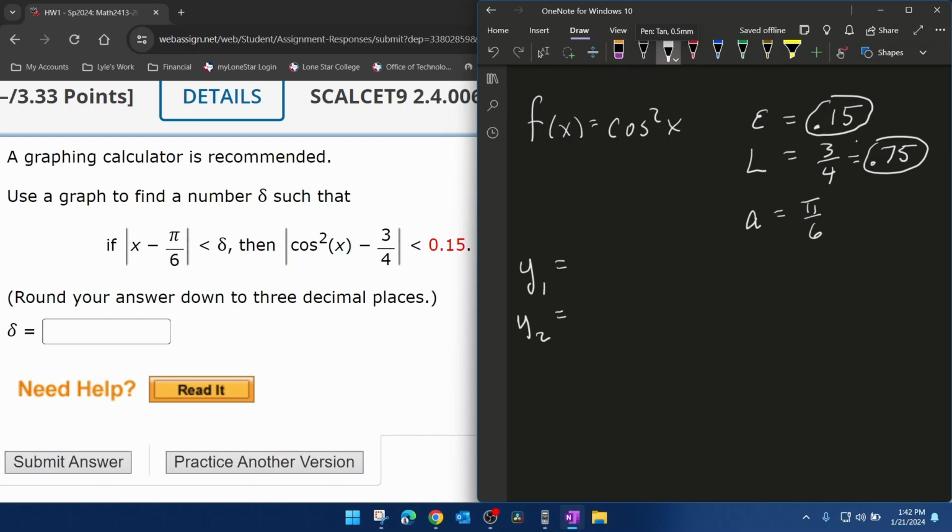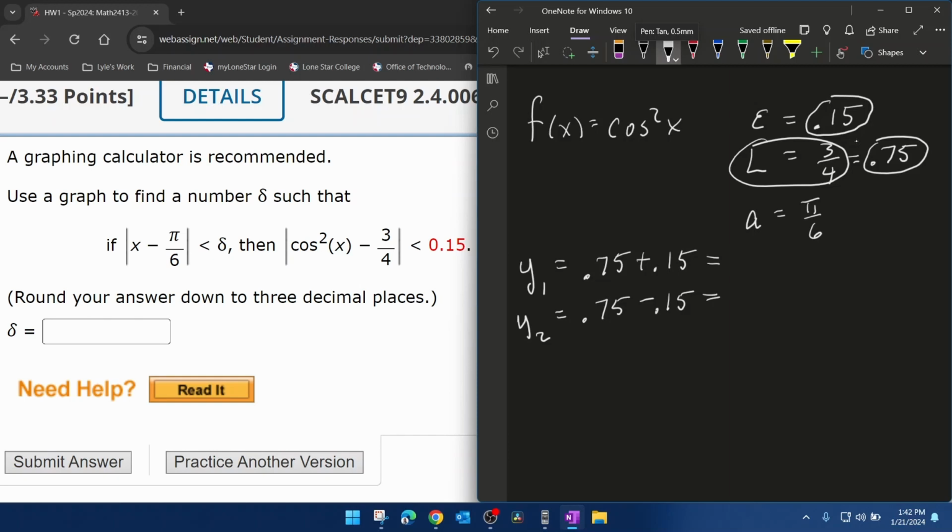So to figure that out, we're going to say 0.75, that's our limit, plus 0.15, 0.75 minus 0.15. Again, that gives us our y values above and below L.